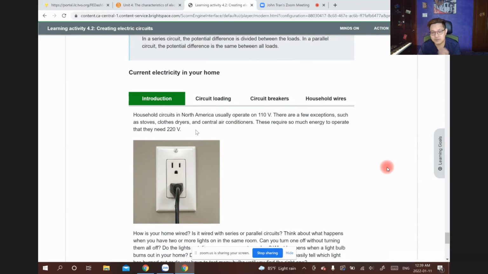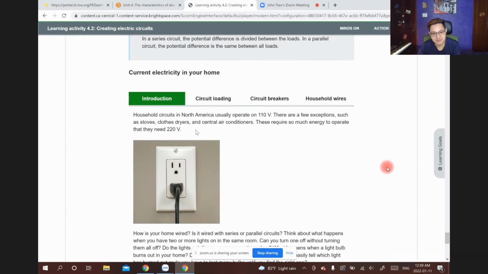You have to pay a lot of money for a stove. A dryer actually heats up, so it dries your clothes, so it uses a lot of electricity. An air conditioner also. So that's why you pay a lot of money for electricity for these devices. They need 220 volts because of that.